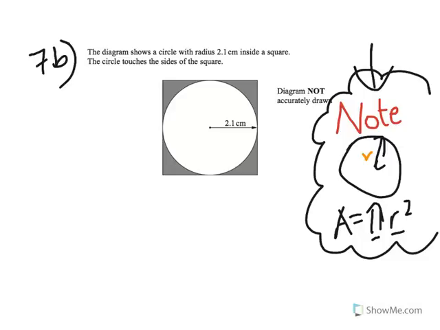What is the area of any square? It's nothing but the length times the length, right? So what is the length in this case? Now, the circle is touching the sides of the square, so this could also be considered a radius. So 2.1, and this could also be considered 2.1.